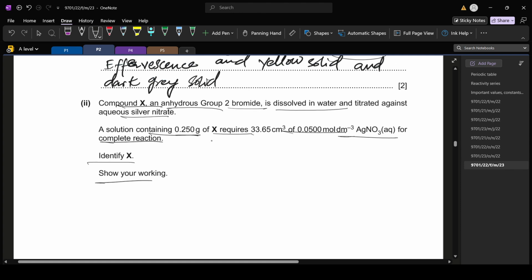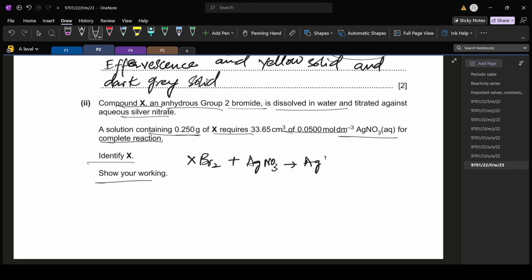So it's actually a group 2 bromide. If I write the equation, XBr2 will be the formula for this bromide. This will react with silver nitrate to form silver bromide plus X(NO3)2, the nitrate.